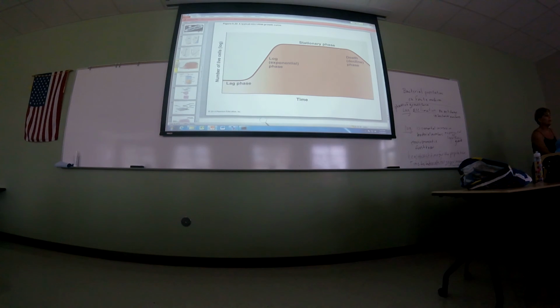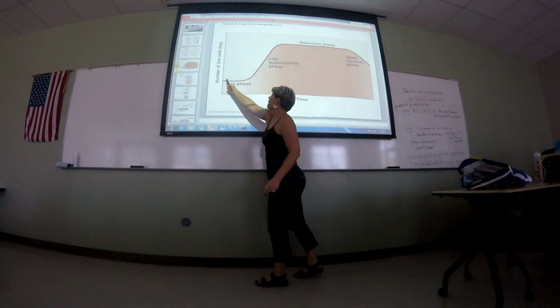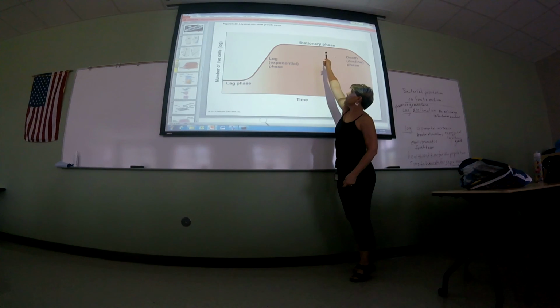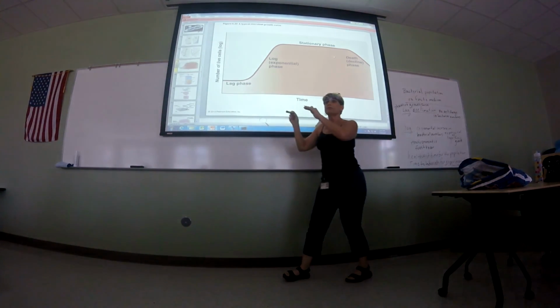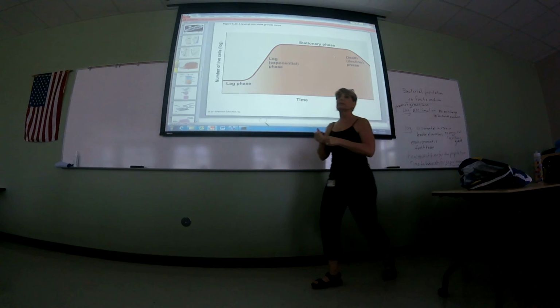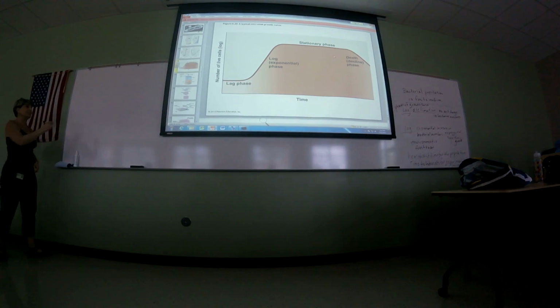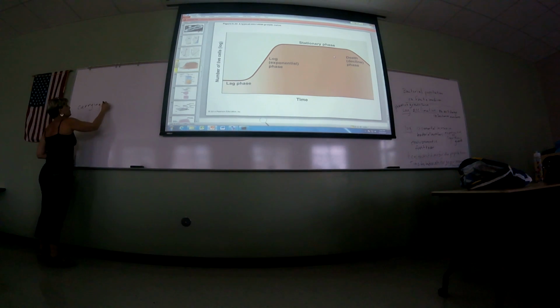In the stationary phase, again, no net change in bacterial numbers. That's why the line is flat. So wherever you have a flat line in your curve, I've got more bacteria in my population there than I do here. But still, there's no net change. It's a flat line. And I've reached my carrying capacity, which is actually not a microbiology term, it's an ecology term. The carrying capacity of the environment has been reached.